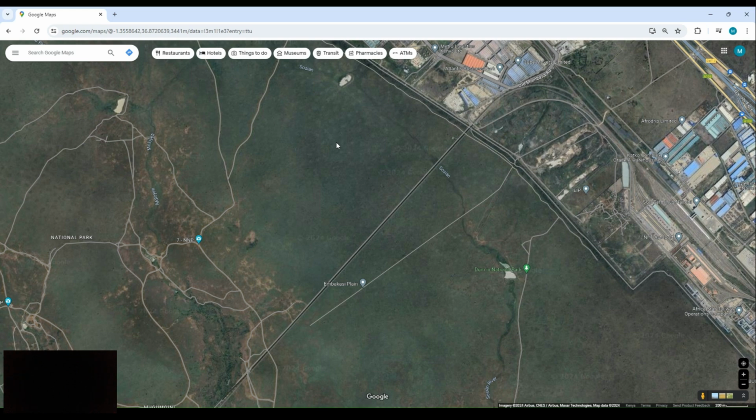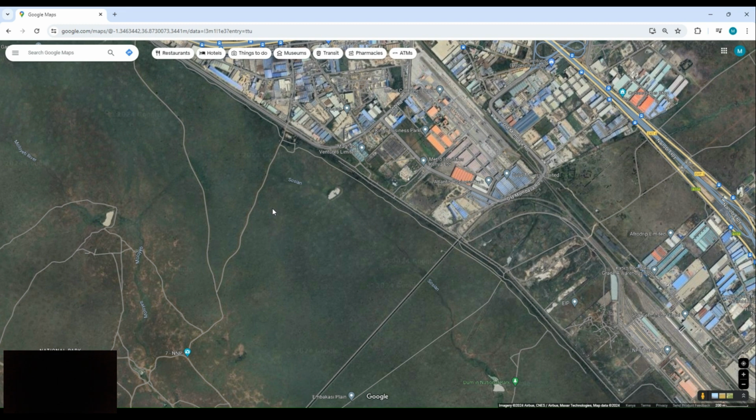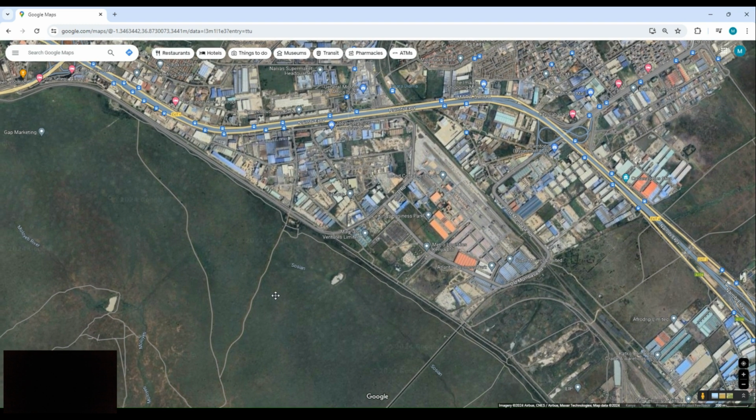JKIA and Kamulu flooding basically starts from the Nairobi National Park, the Embakasi Plains, and also the residential areas around the airport.